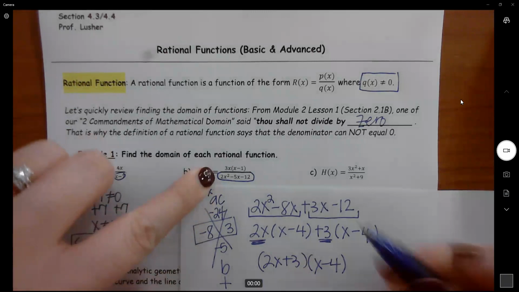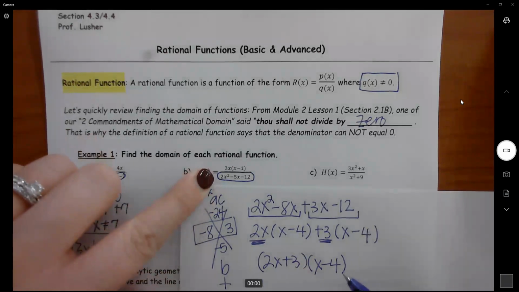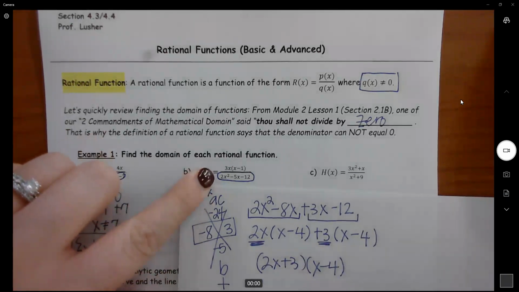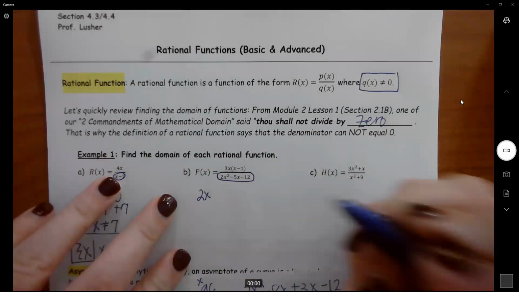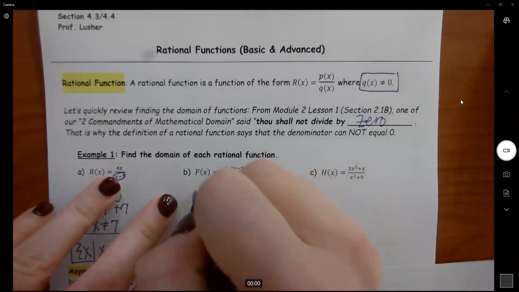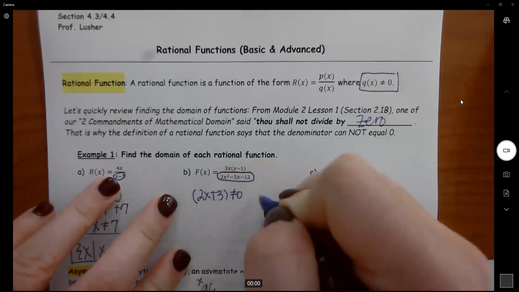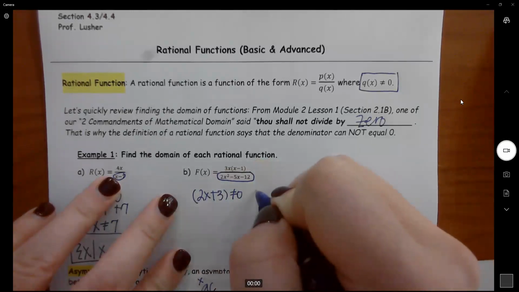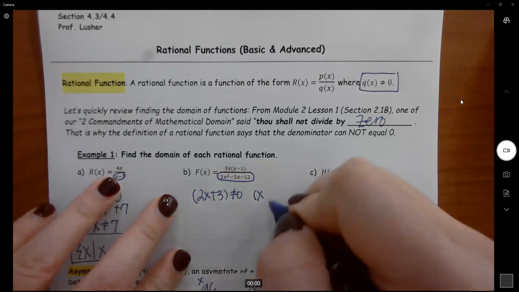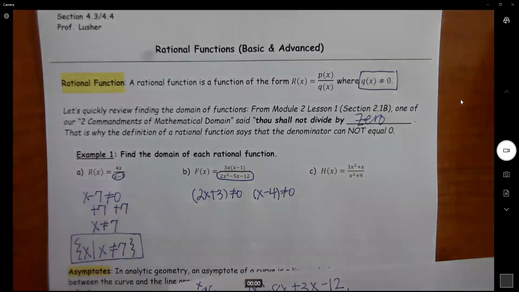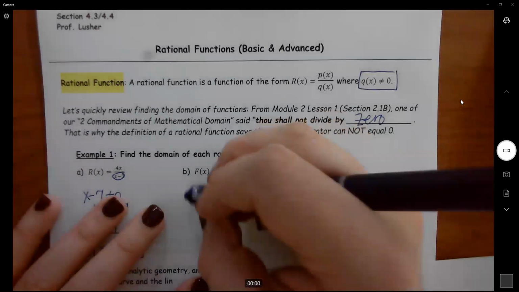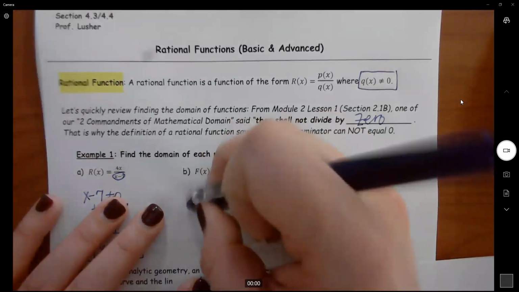I'm going to take this bottom that we just factored and set my factored form to not equal 0. So 2x plus 3 cannot equal 0, and x minus 4 cannot equal 0.